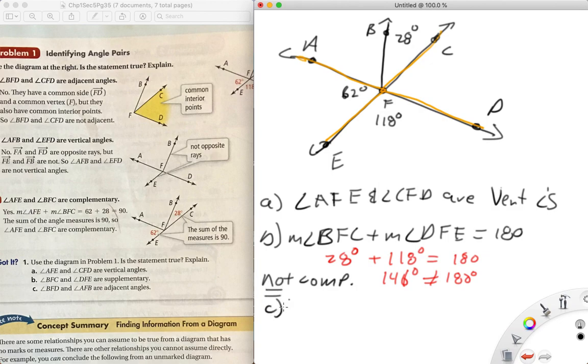So then C, we want to know if BFD and AFB are adjacent. So here is BFD.